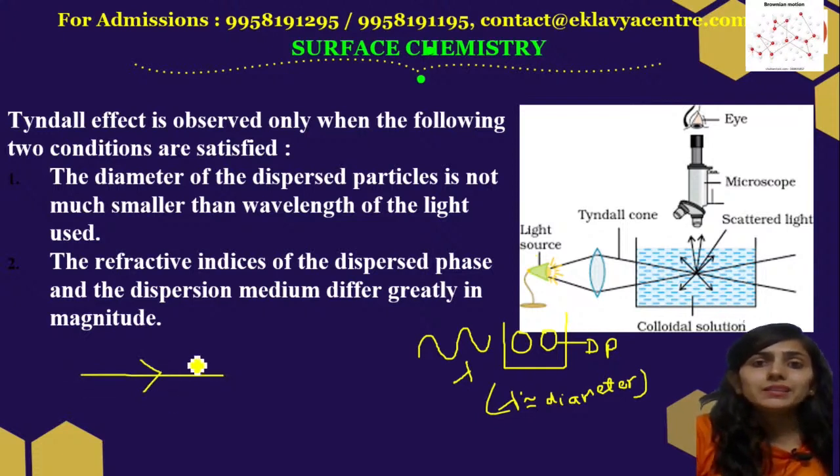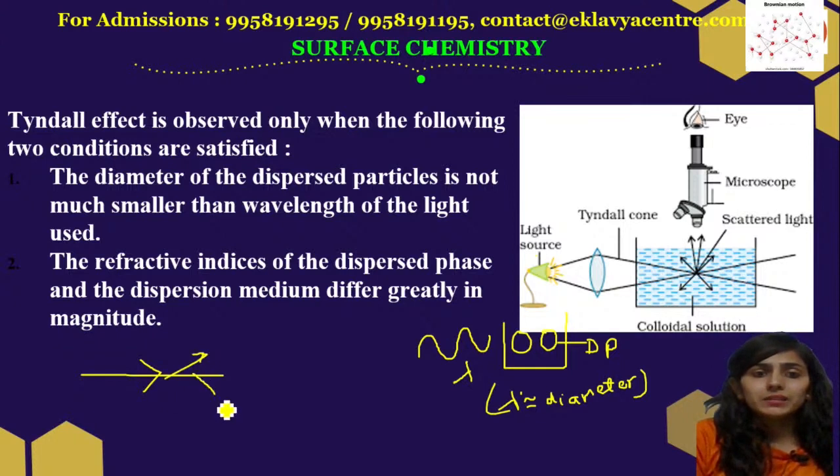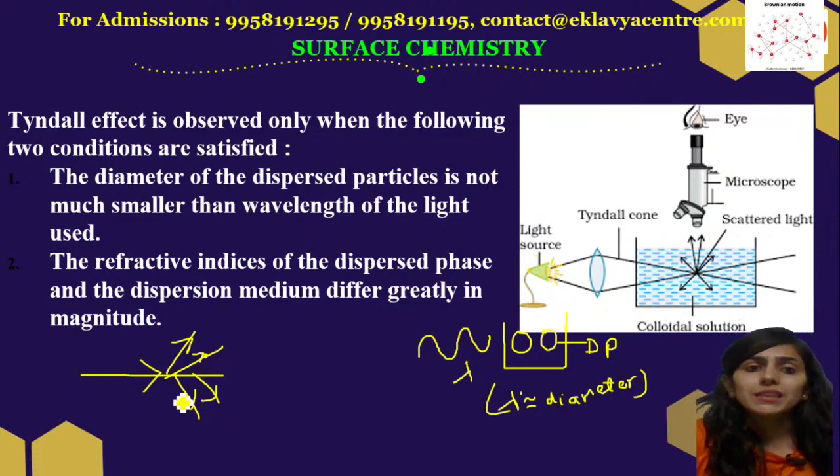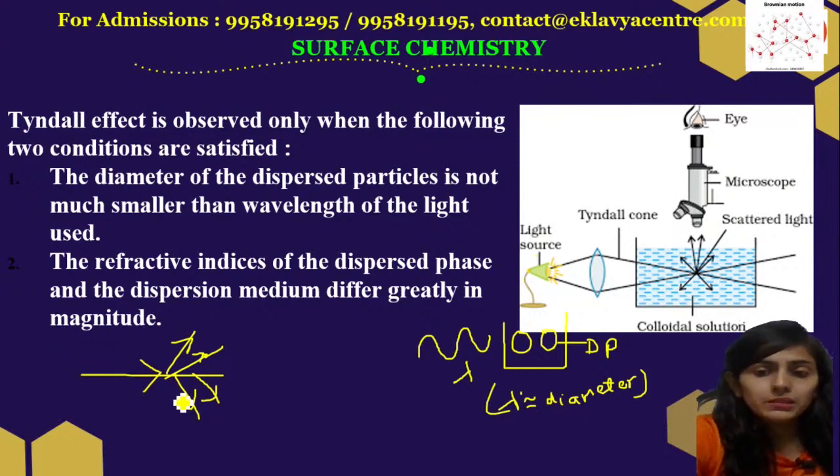And if there is a large difference in the refractive index, then only scattering takes place. Yes, this is a concept of optics that you have to apply. Refraction will only take place when there is a large difference in the refractive index values of the dispersed phase and dispersion medium.